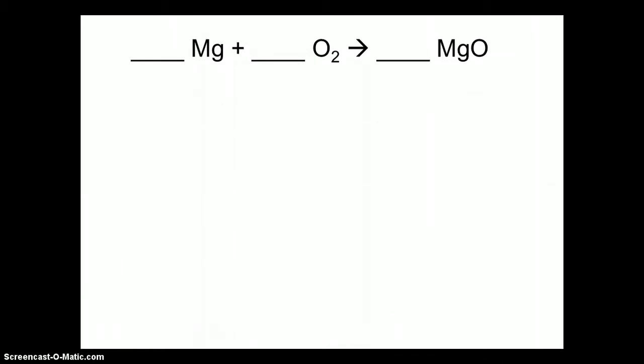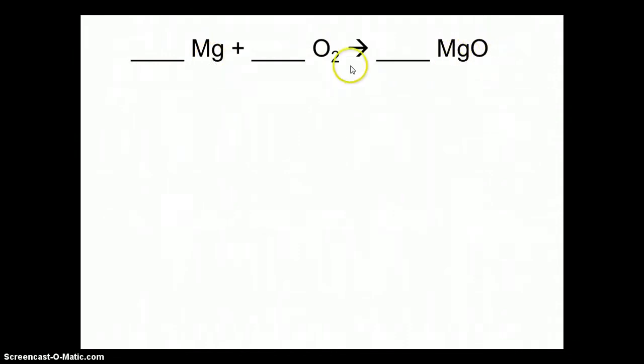All right, now I'm going to give you a couple of examples for magnesium. This is a magnesium atom plus an oxygen molecule yields magnesium-oxygen compound. Now these lines are here just to show you that this is where you might put a coefficient. So first I'm going to look and see that I've got 1 magnesium on the left and 1 on the right.